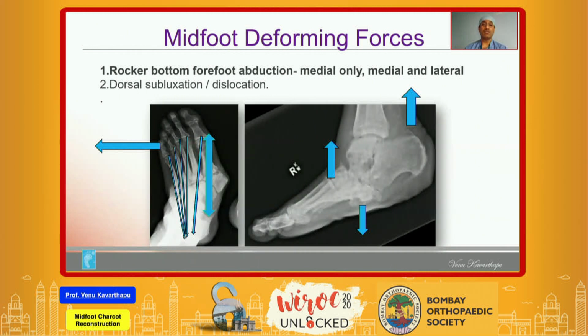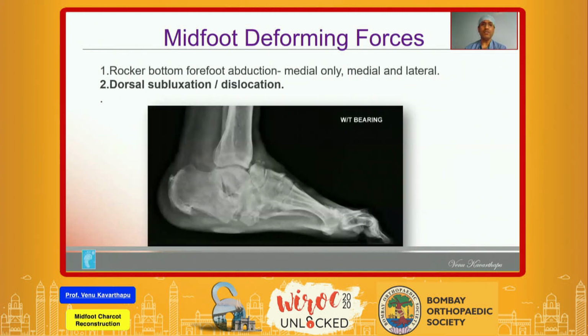segment, exaggerating the deformity. If you look at the subluxation dislocation pattern, here the disease process goes through and through the midfoot, so that results in overlapping due to subluxation and dislocation breakage of the midfoot, and that results in significant shortening of all soft tissues.